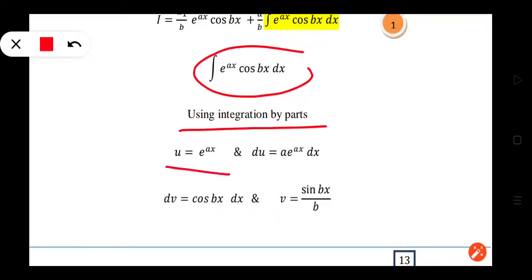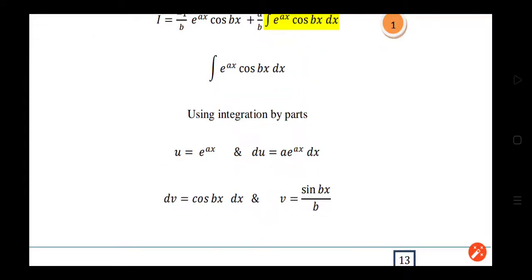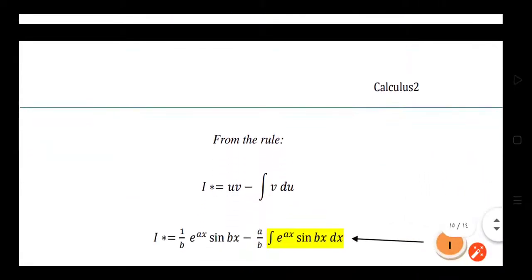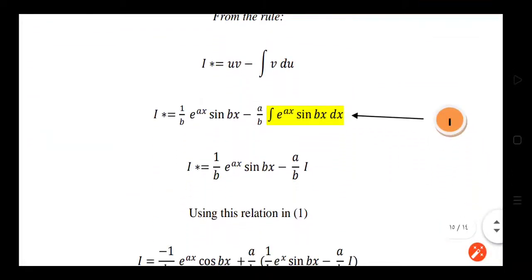We put u as e power ax and du as a e power ax dx, so dv equals cosine bx dx and v is sine bx over b, and use integration by parts, uv minus integration of v du.